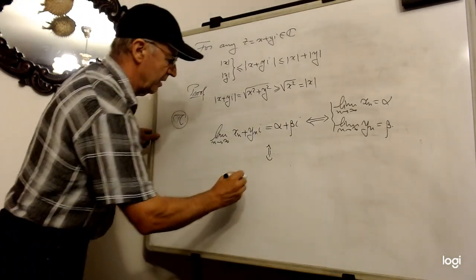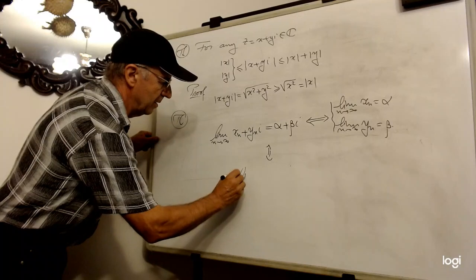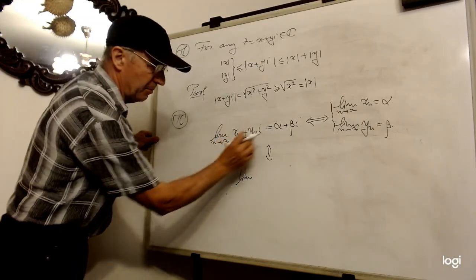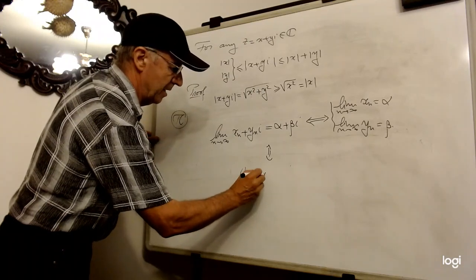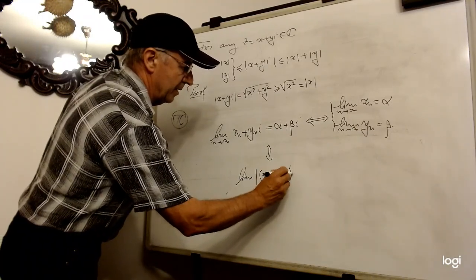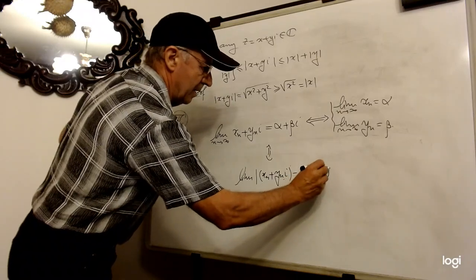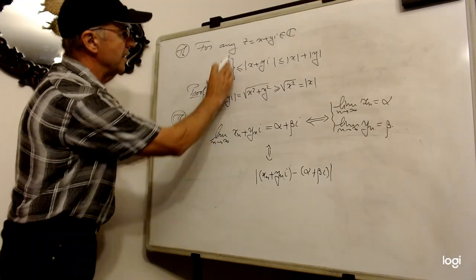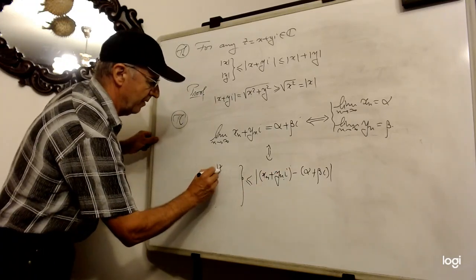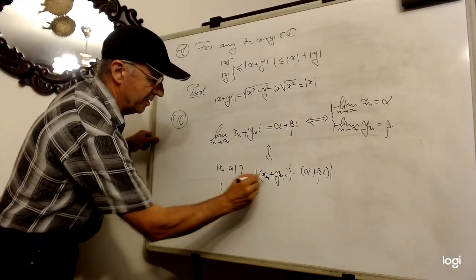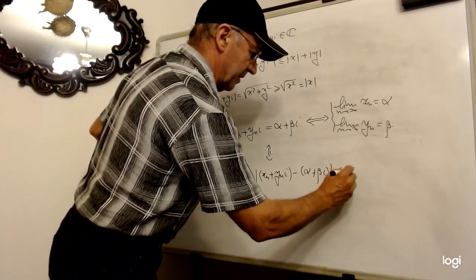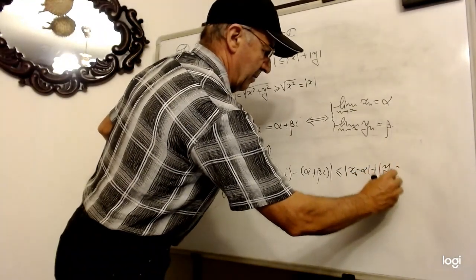This is equivalent to the limit of the distance between this number and this one, which is just the modulus of the difference xn plus yn i minus alpha plus beta i, and by using this theorem, this is greater than or equal to the modulus of xn minus alpha as well as the modulus of yn minus beta, and at the same time less than or equal to the sum of the moduli of xn minus alpha and yn minus beta.